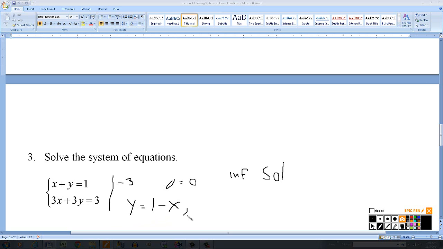So replace the x by any number and you get different solutions. Okay, or we can write this as a solution set like this: set of all x, y, such that y is equal to 1 minus x.